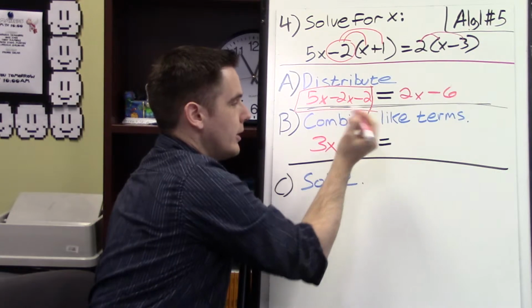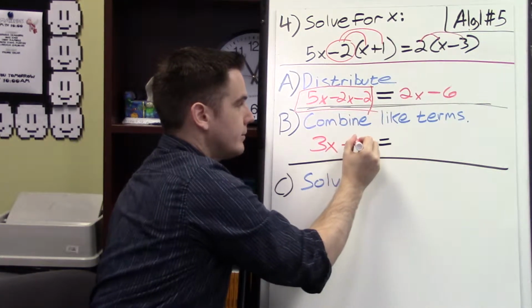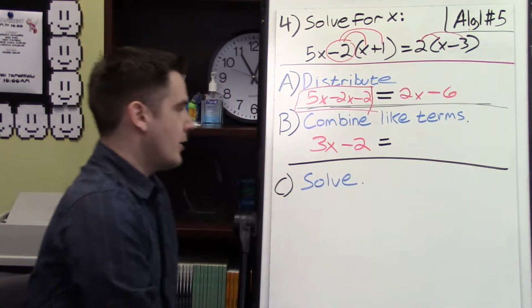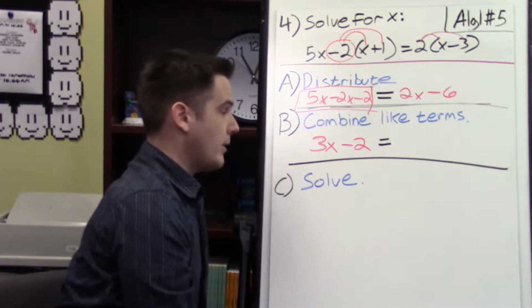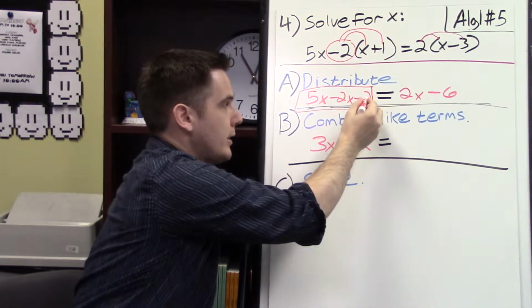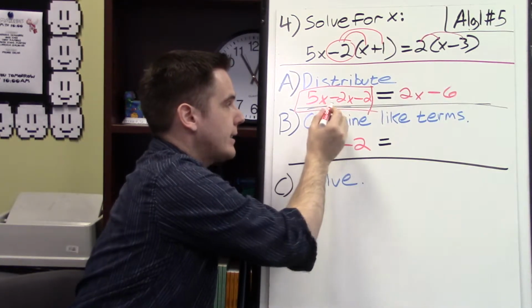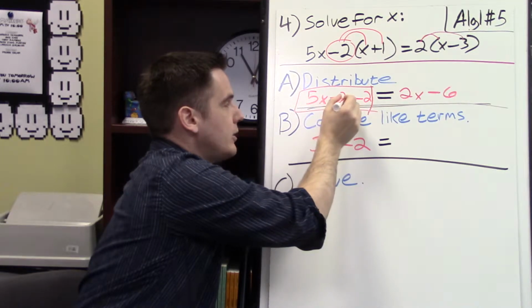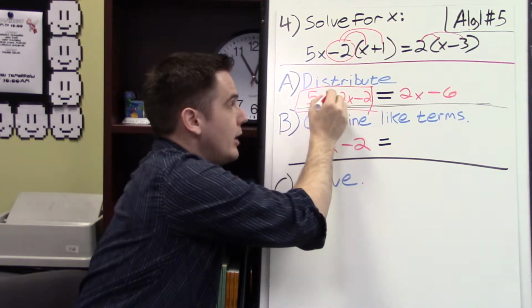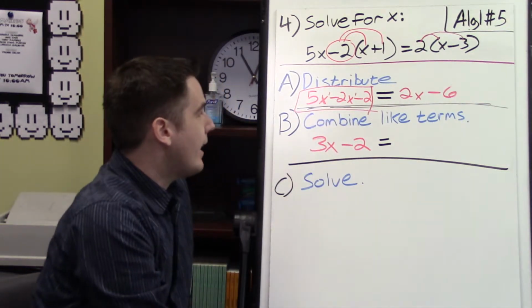And negative 2, there is no like term there. There's nothing with an x with the same exponent. It has no x at all, so you can't combine it with anything with an x because it's not a like term. But the 5x and the negative 2x, those have ninja ones, and that means you can combine them.